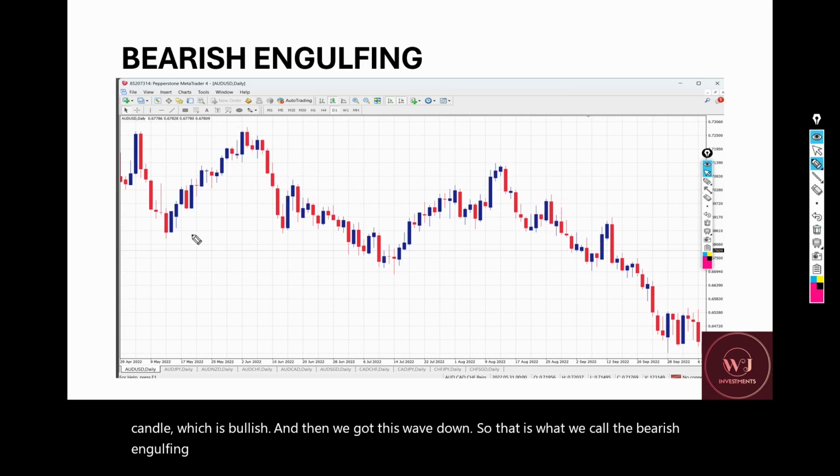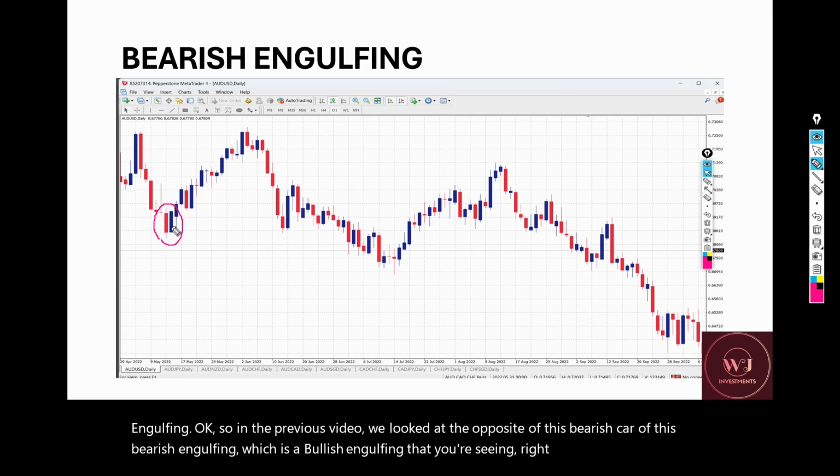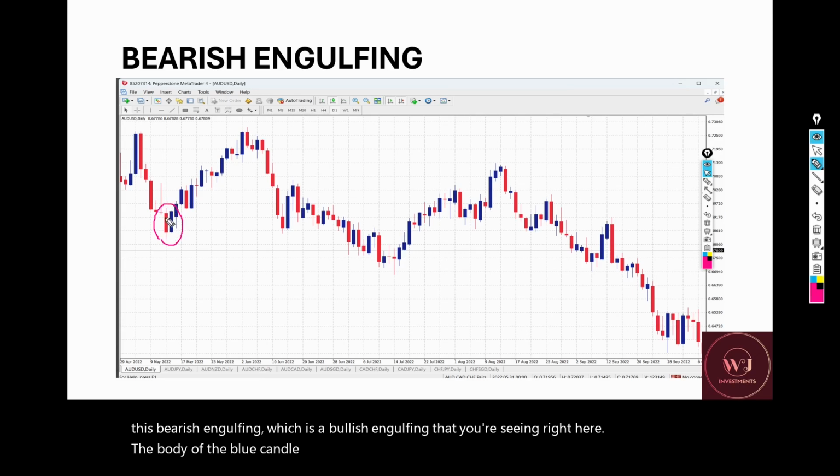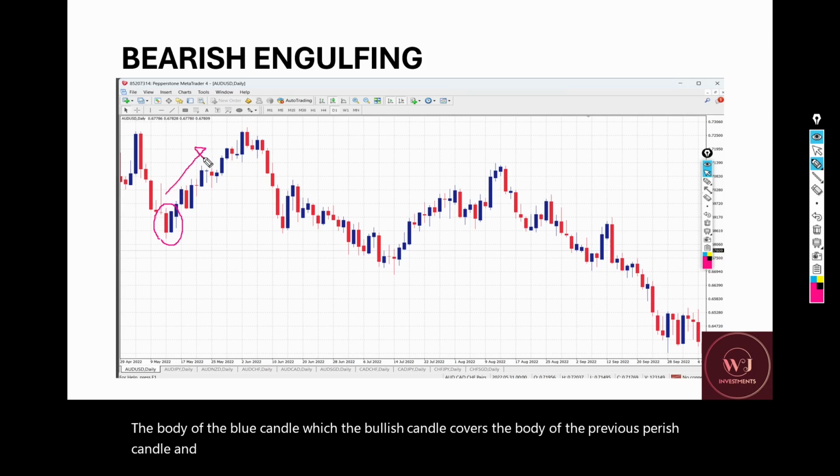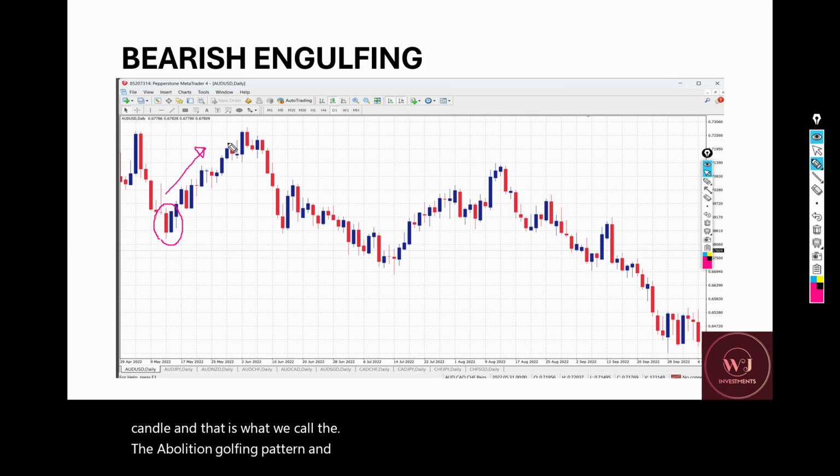In the previous video, we looked at the opposite of this bearish engulfing, which is the bullish engulfing that you're seeing right here. The body of the blue bullish candle covers the body of the previous bearish candle, and that is what we call the bullish engulfing pattern, and it shows that the price is going to move higher.